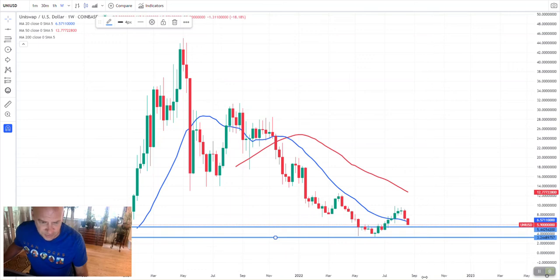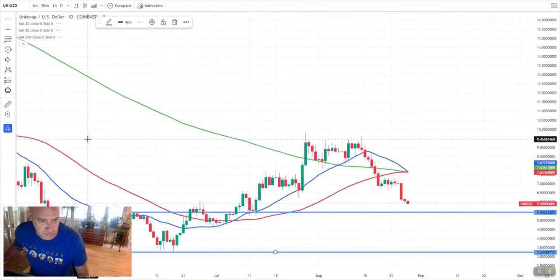Even then, for the remainder of the year, we'd probably see it ricochet in this support zone between $3 and $6, and then potentially break back above in 2023.